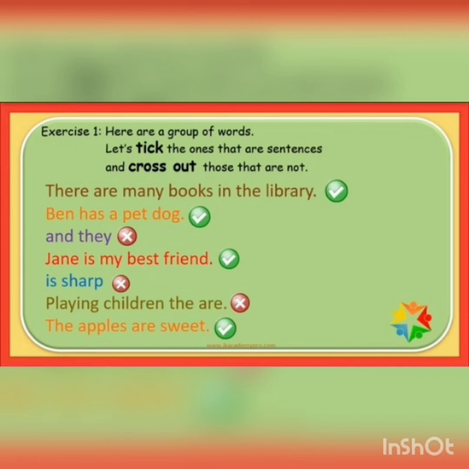Here, P starts with a capital letter and there is a full stop at the end. Why is it marked wrong? Because it's not giving you a correct meaning. The children are playing is a complete, correct, meaningful sentence. So, playing children they are, though it starts with a capital and ends with a full stop, since it's not giving you a correct, complete, full meaning, it is not a sentence.